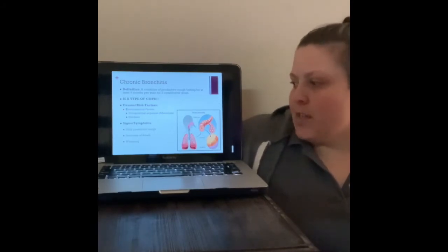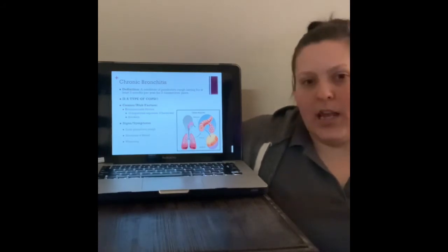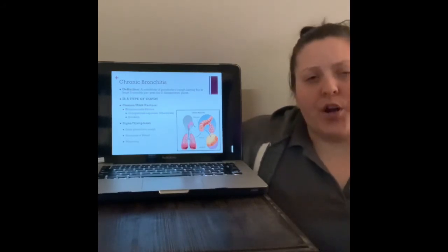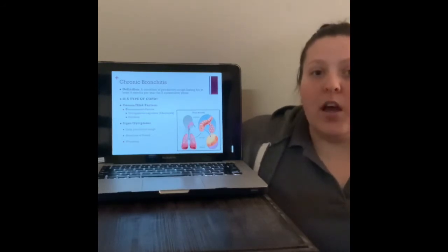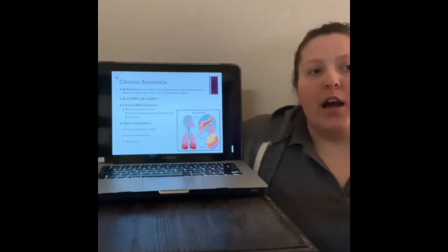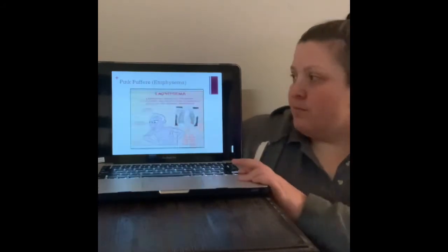Some of the symptoms and signs will be daily productive cough, shortness of breath, and wheezing. And it's important to know that to be diagnosed with chronic bronchitis, you have to have a productive cough for at least 3 months per year for 2 consecutive years.